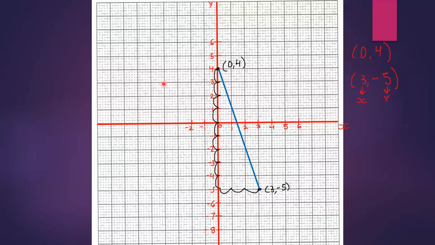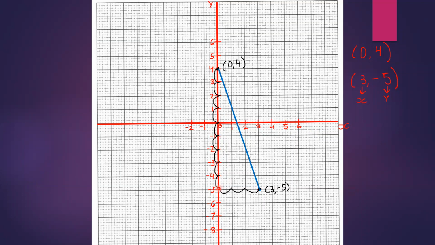So let me explain it again. We start from the first point. We're basically trying to form a triangle. The rise is up and down. So you're going to go 1, 2, 3, 4, 5, 6, 7, 8, 9.